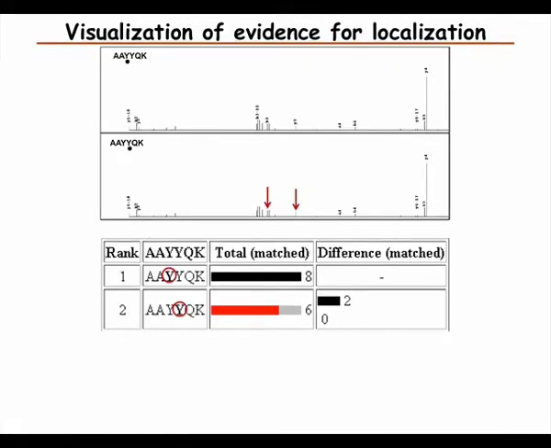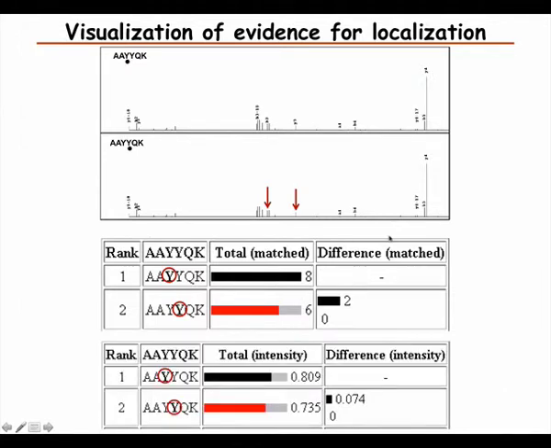We can look at this in a different way: if we have assignment to the first, we match a total of 8 fragments, and in the case of the second tyrosine, we match 6 fragments, a difference of 2. We can also look at the intensity, and we get the same answer, that we have more intensity supporting the first assignment than the second assignment.